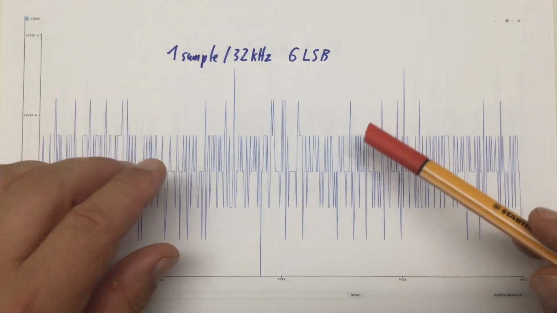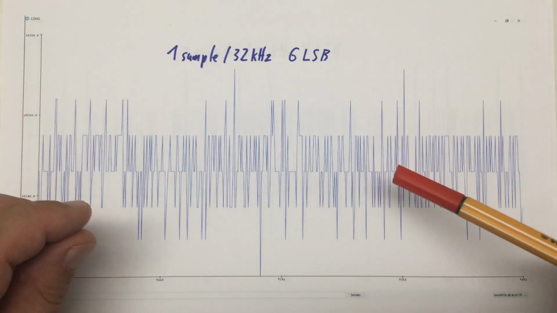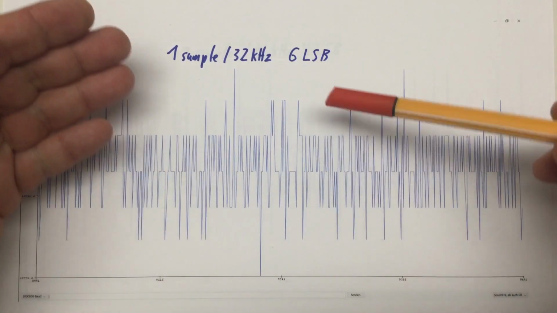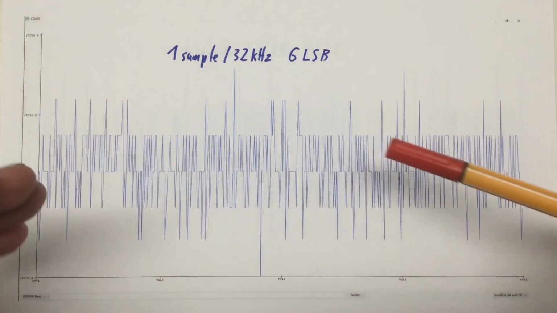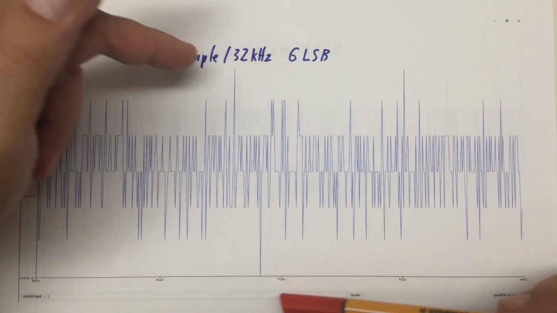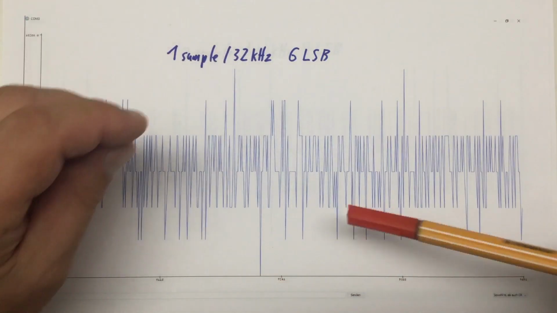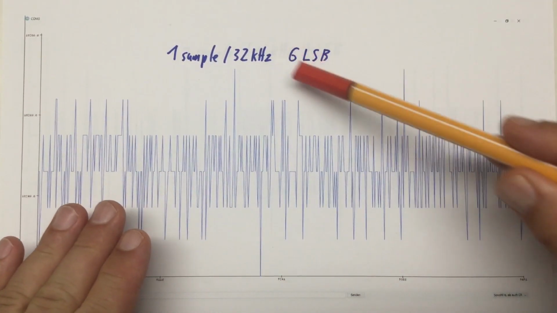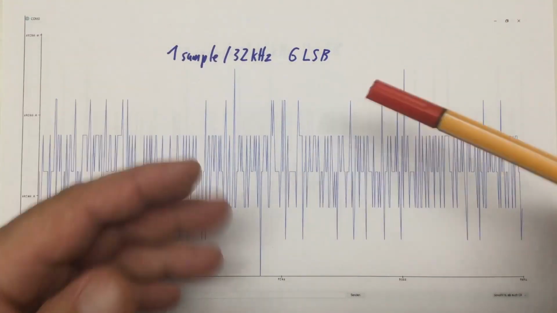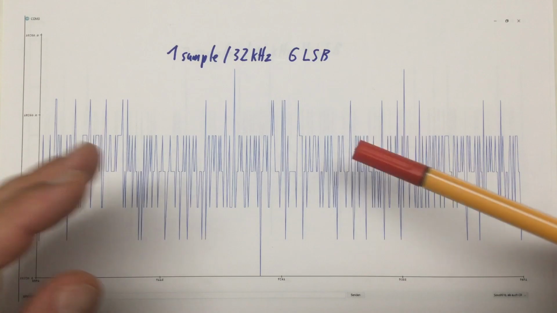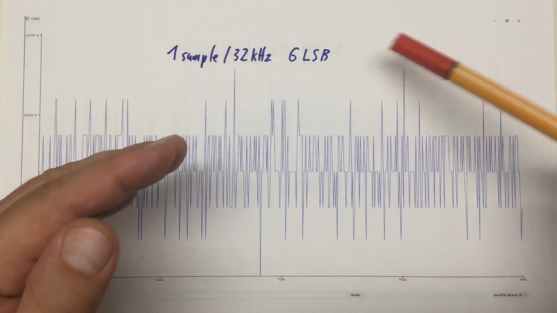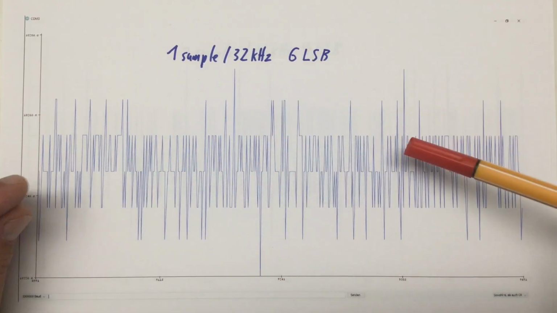To summarize, when we were not averaging our analog to digital converter output, so each sample is directly delivered at a rate of 32 kilohertz, we had a noise of about 6 LSB peak to peak. To put these 6 least significant bits into relation, that's about 0.48 to 0.54 degrees of our full 360 degrees.